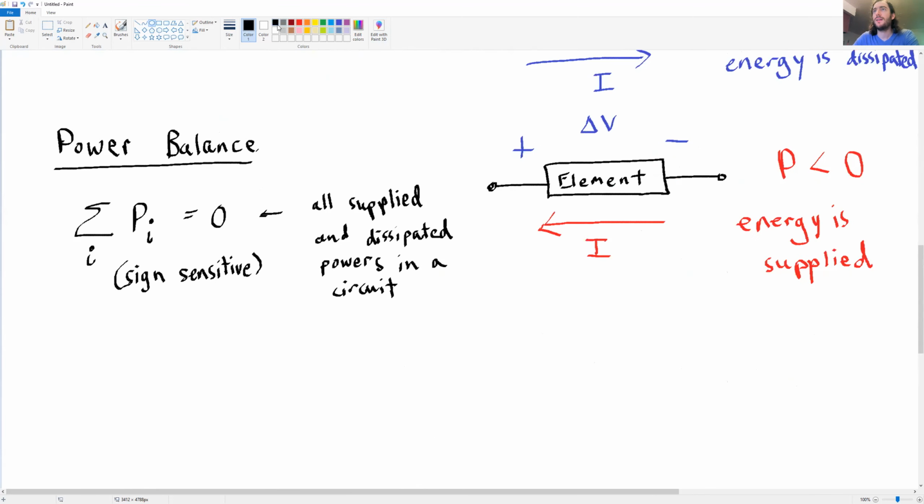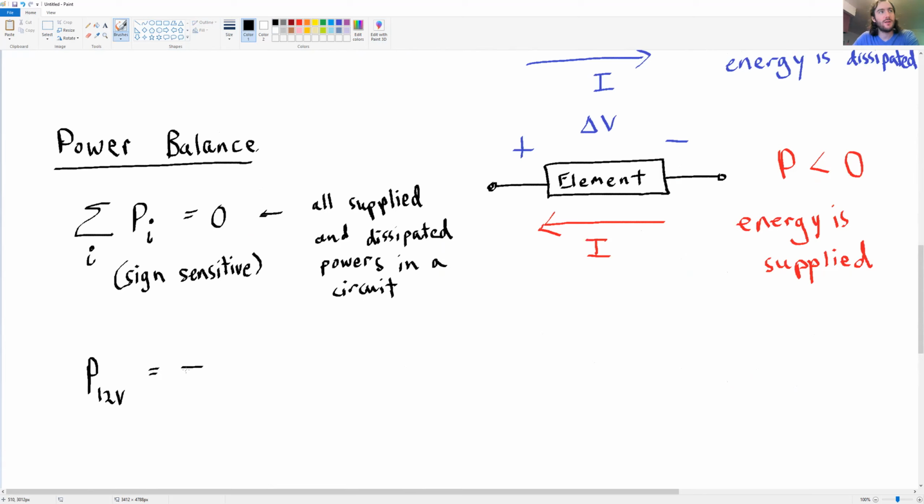And so we can calculate now the power for the 12 volt. And that power should be negative according to our convention, since power is being supplied, the current flows across the terminal of the EMF from low to high.